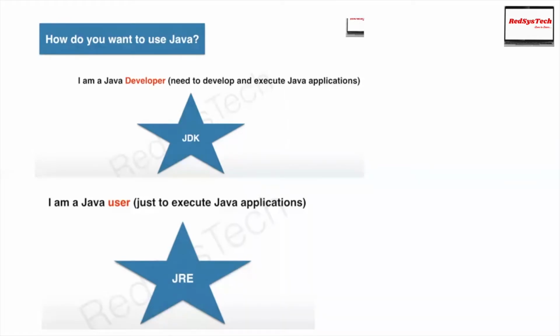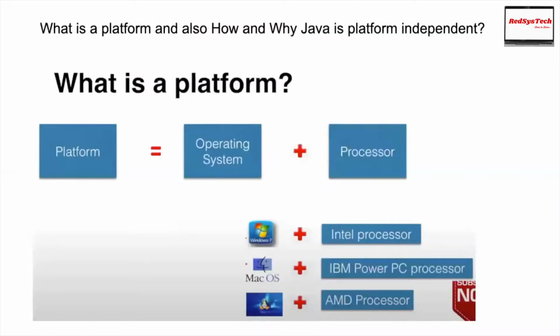That is a typical practical example where you can understand JDK and JRE, who is the developer and who is the user. If someone wants to use your application or program, they just need to run it, so they need only JRE. If you want to develop and execute it, then you need JDK. So I hope you have understood JDK and JRE here.